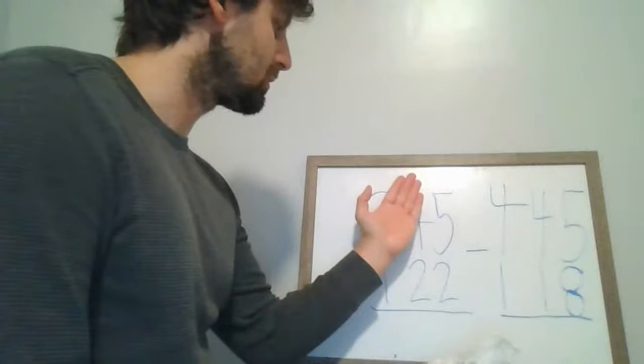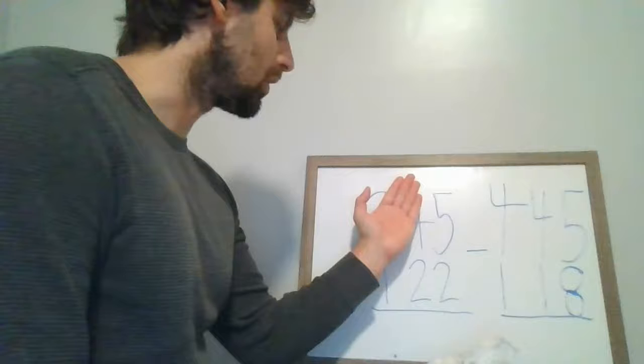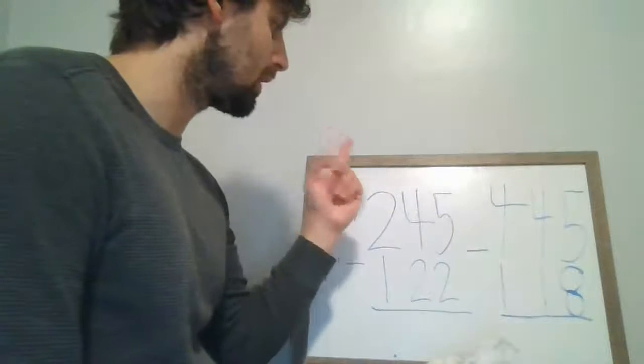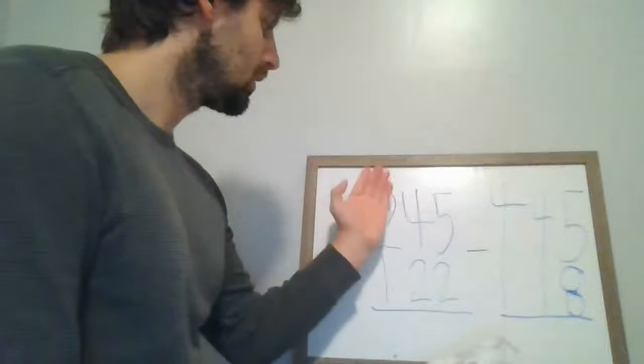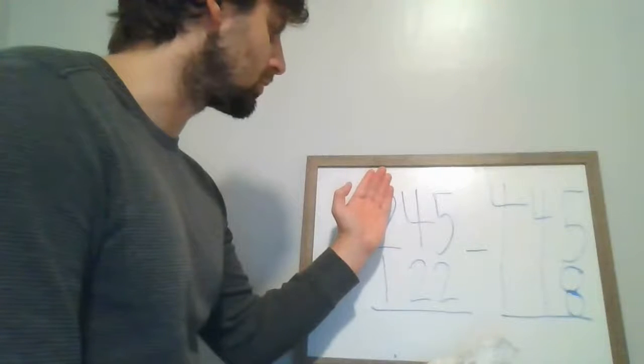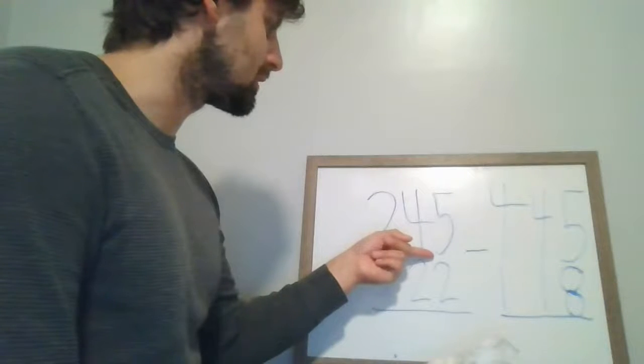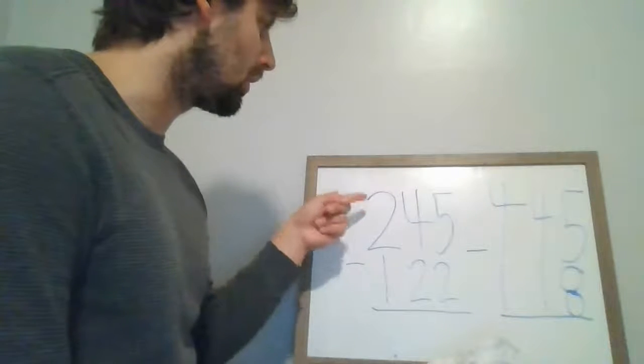So looking at the ones place, 5 is the top number, 2 is the bottom number. So we don't need to regroup in the ones place. We're good. Tens place, 4 is the top number, 2 is the bottom number. 4 is bigger than 2. So the top number is bigger in both the ones and tens place. We do not need to regroup at all in this problem.